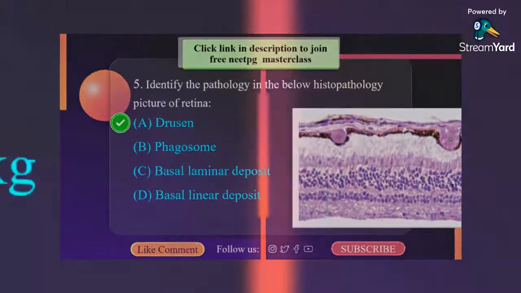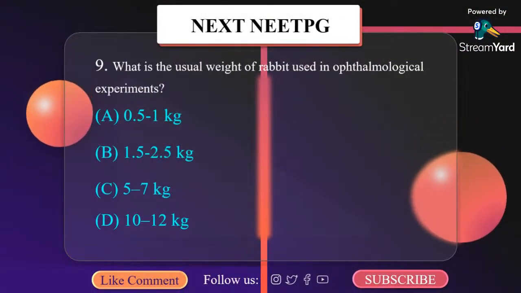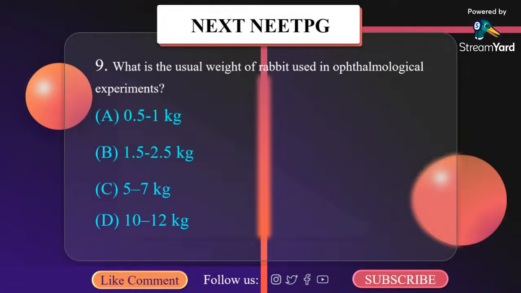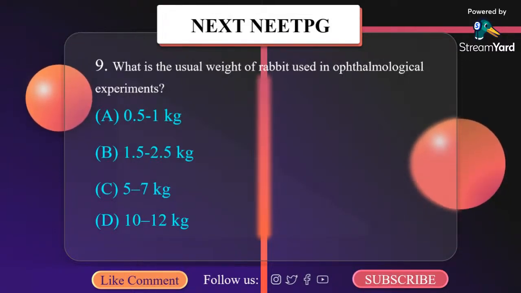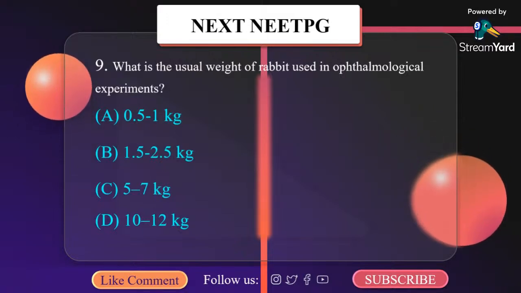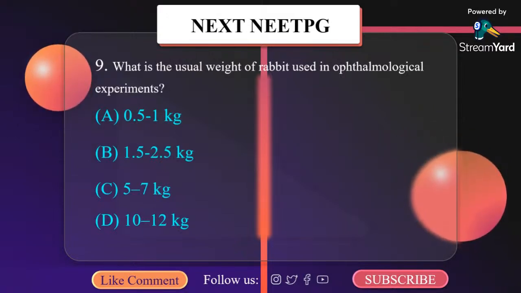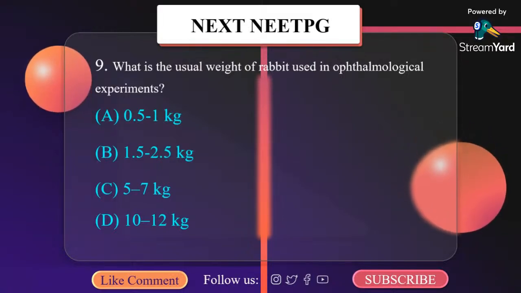Drusen. What is the usual weight of rabbit used in ophthalmological experiments? The usual weight of rabbit used in ophthalmological experiments is 1.5 to 2.5 kg.